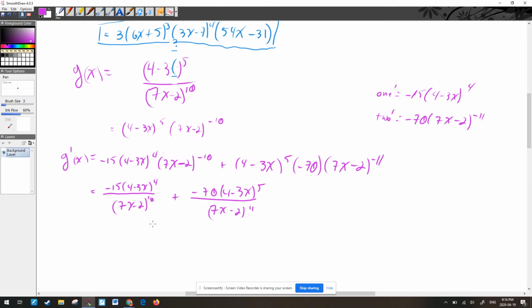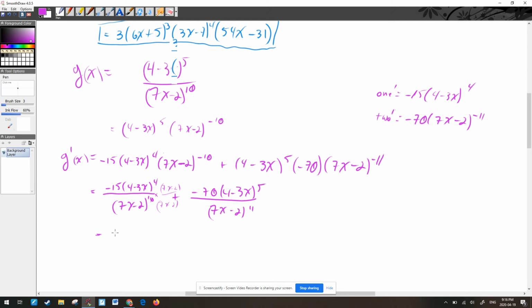Okay, now I'm going to get myself a common denominator. So my common denominator is going to be 7x minus 2 to the 11th. I didn't give myself much room here, but I'm just going to save myself rewriting a whole other step. So I'm going to multiply by 7x minus 2 over 7x minus 2. Okay, and that's what we're going to do.